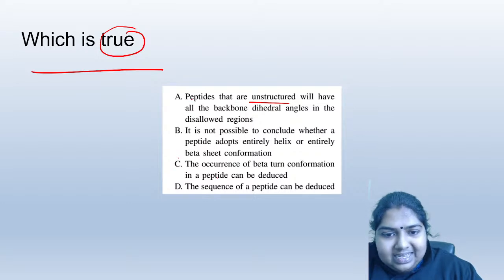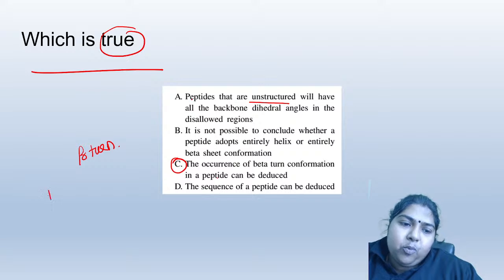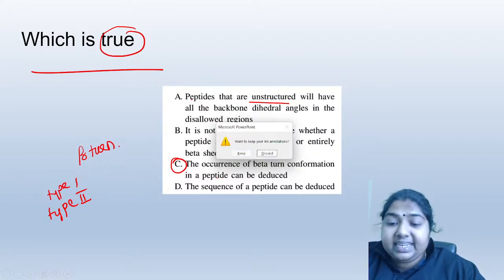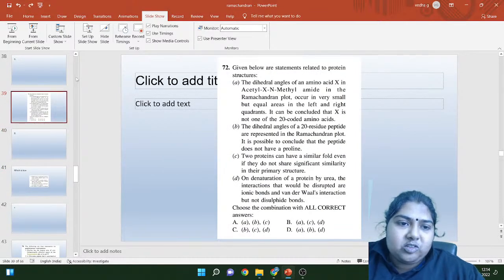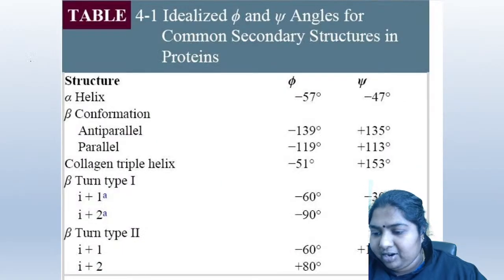I told you about the beta turn, isn't it? So, type 1 and type 2 beta turn, they have specific bond angles. So definitely it is possible for you to find out whether it is going to be a beta turn or not.